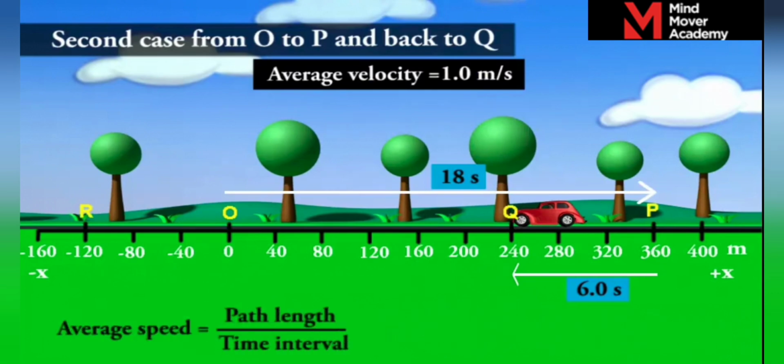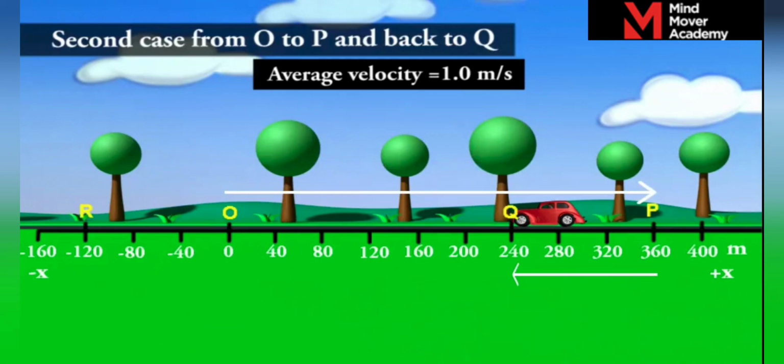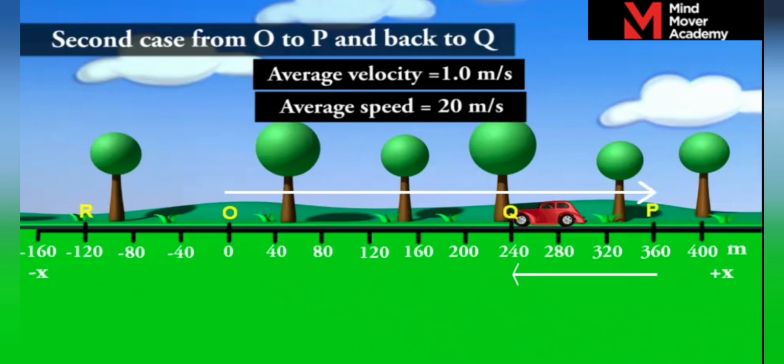Average speed is equal to path length upon time interval, equal to (OP plus PQ) upon T, equal to (360 plus 120) meter per 24 second, equal to 20 meter per second. Average speed is equal to 20 meter per second.